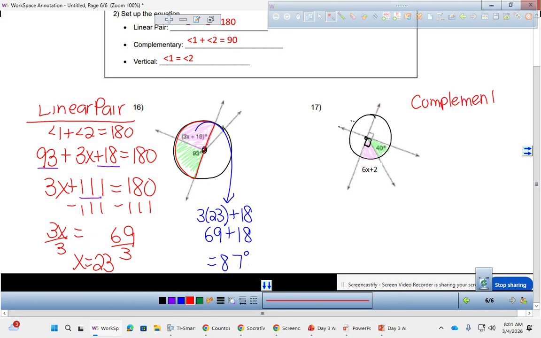I do have the box. All right, so in a complementary relationship, angle 1 plus angle 2 equals 90 degrees. So from here, you'll decide which one you want to be angle 1 and which one you want to be angle 2. You'll combine your like terms.